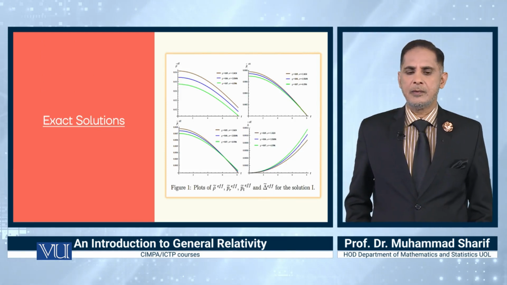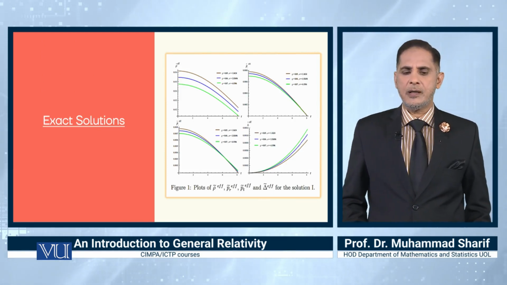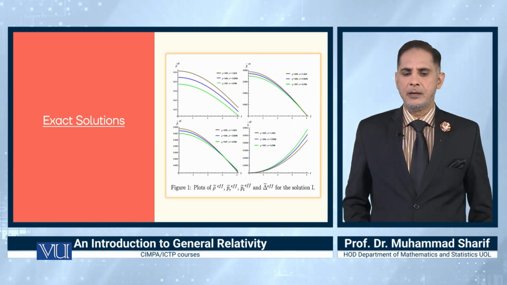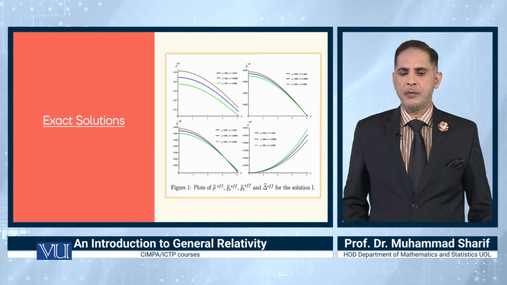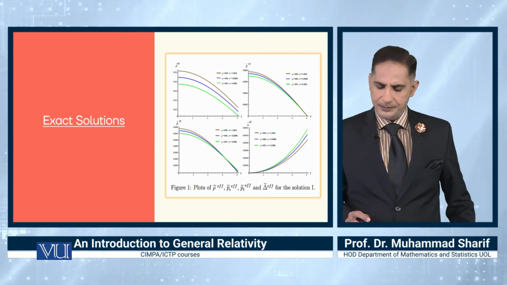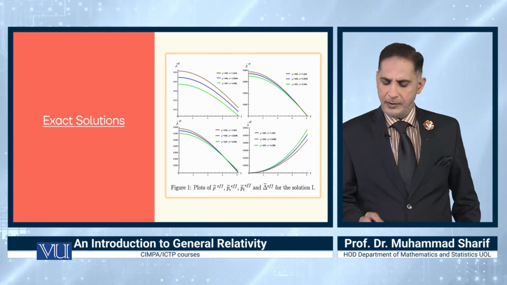So, these are the plots of effective density, radial pressure, tangential pressure, then anisotropy. You can see from the first graph that density is positive.